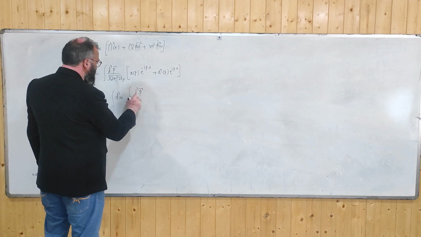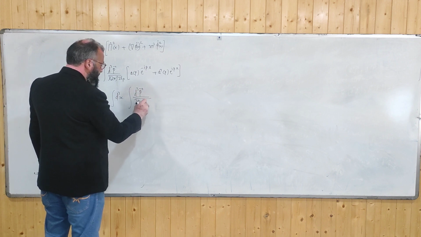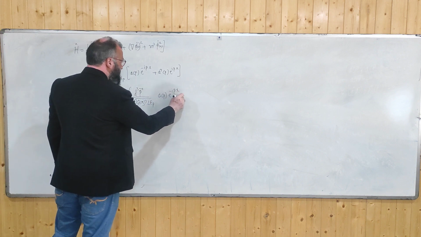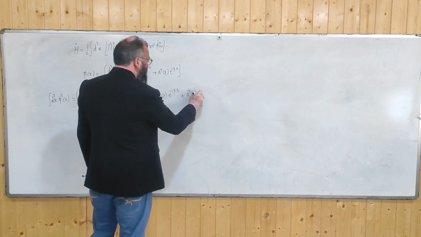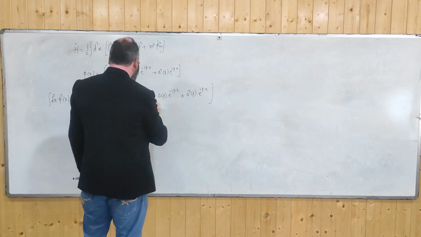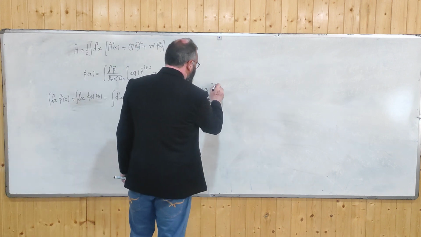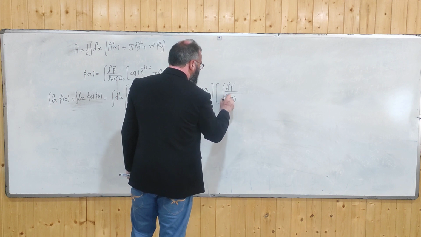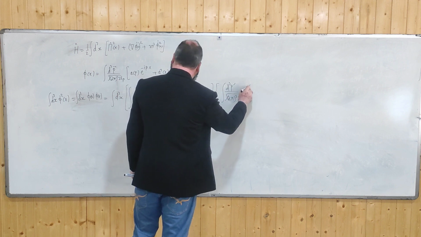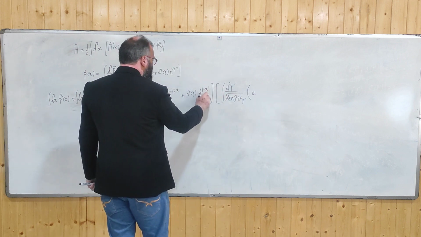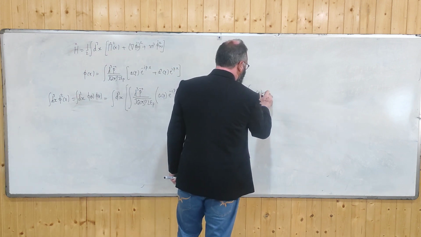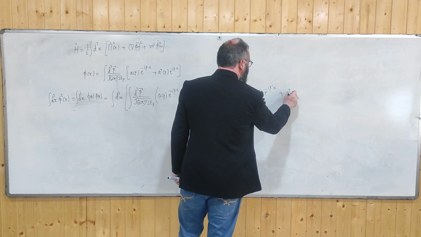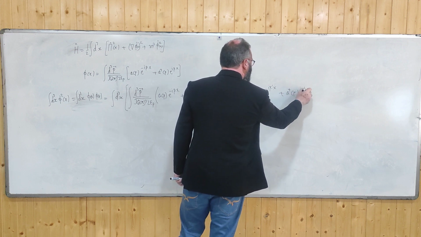So it is d^3p by root of (2 pi)^3 twice E_p, a of p e to the power minus i p dot x plus a dagger of p e to the power i p dot x. Since p is a dummy variable, you write here d^3p prime divided by root of (2 pi)^3 twice E_p prime, then a of p prime e to the power minus i p prime dot x plus a dagger of p prime e to the power i p prime dot x.